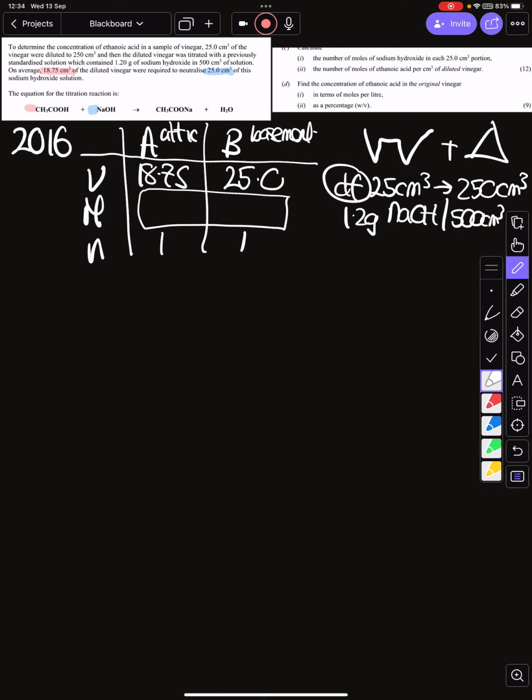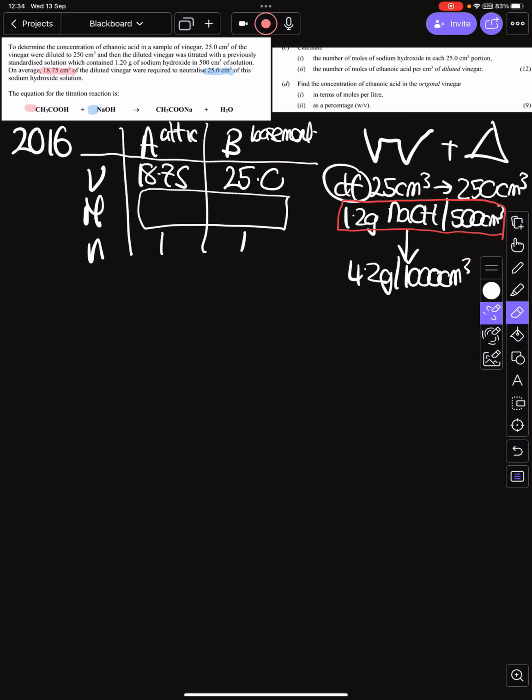So one of those pieces of information is our way in, and this is what we can use. We can turn this into being able to use it in a mass triangle, but the first thing that we have to do is move it to grams in 1,000 centimeters cubed. And once I've done that, I can now put this into my mass triangle.